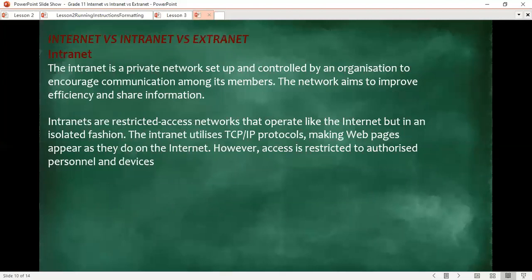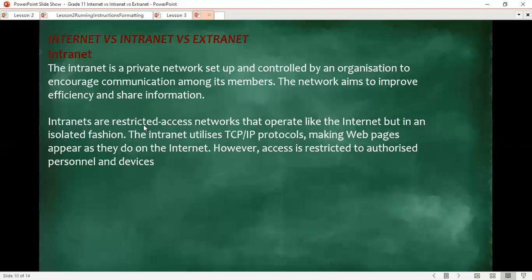Okay, right now we're going to come to the intranet. The intranet is a private network set up and controlled by an organization to encourage communication amongst its members. So the main aim of this intranet is to allow communication only amongst their members. The network aims to improve efficiency and share information.